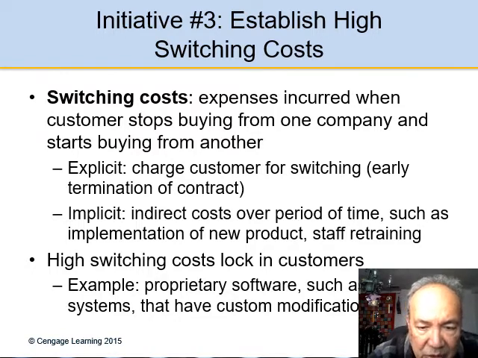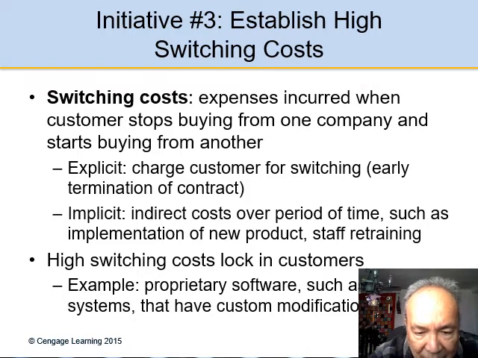Charge the customer for switching, early termination of the contract. So that's explicit. Implicit indirect costs over a period of time, such as implementation of a new product, staff retraining. Switching costs lock in customer.